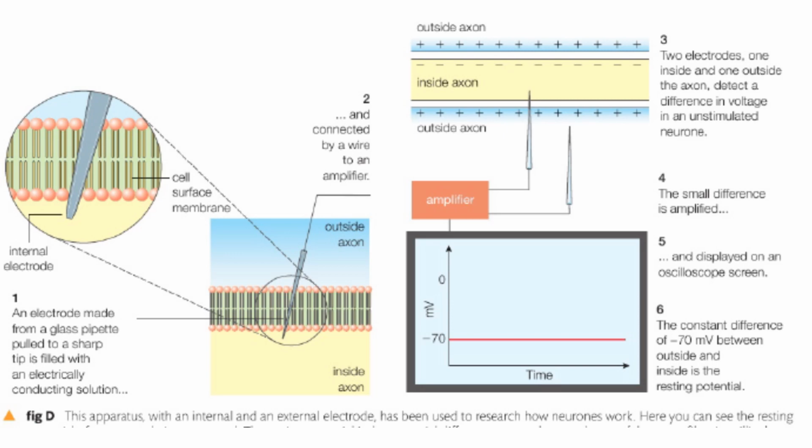So the resting potential of our nerve is minus 70 millivolts, and that is going to be true for all nerve membranes.